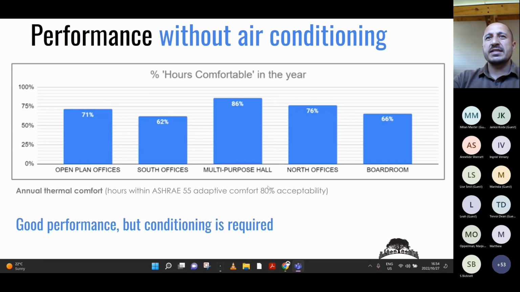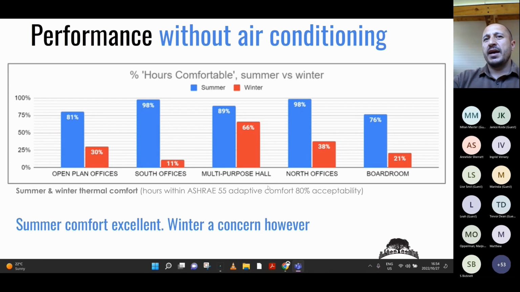But then you break it down seasonally. For this site, because it was so well shaded, and because the materials and construction had a lot of thermal mass, we found that in summer this building was actually very comfortable.